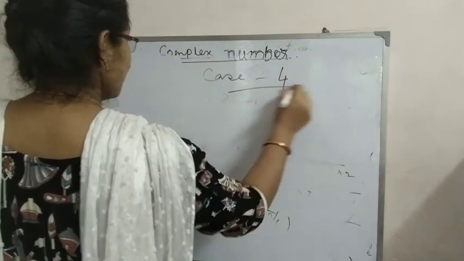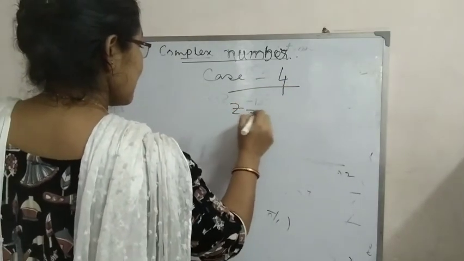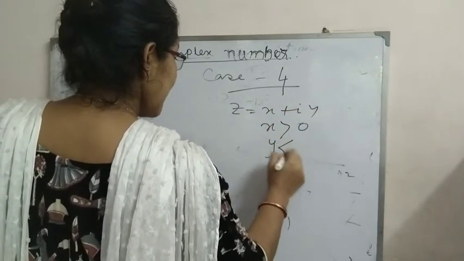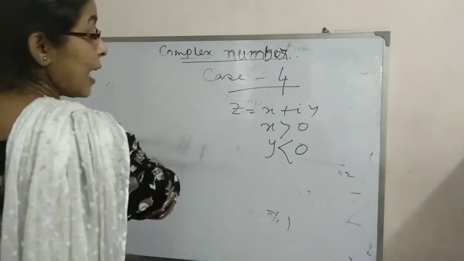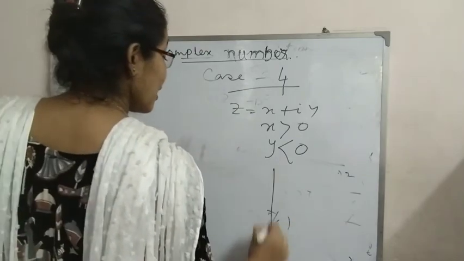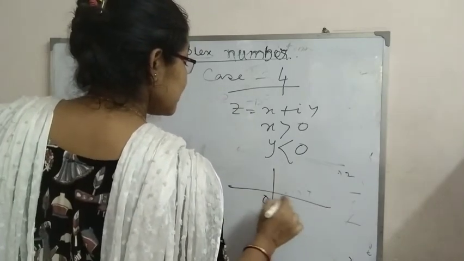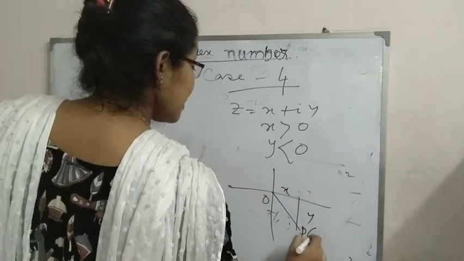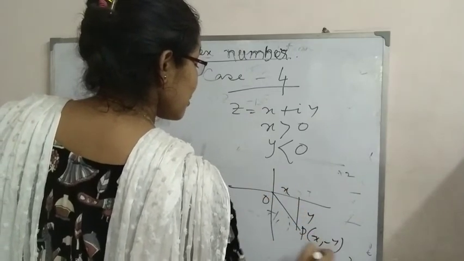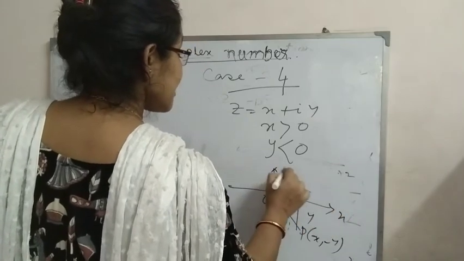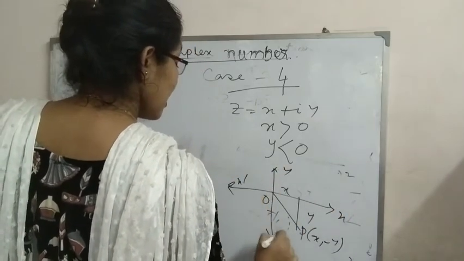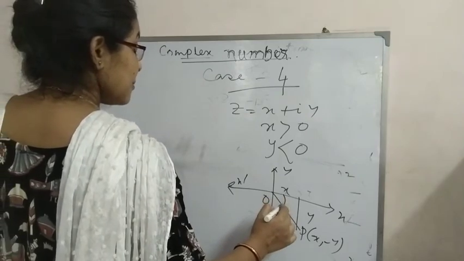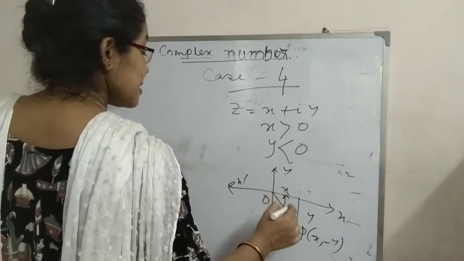Case 4. Here z equals x plus iy, and here x is greater than 0 and y is less than 0, that is P lies in the fourth quadrant. This is x, this is y, this is x dash, this is y dash, and this is theta.